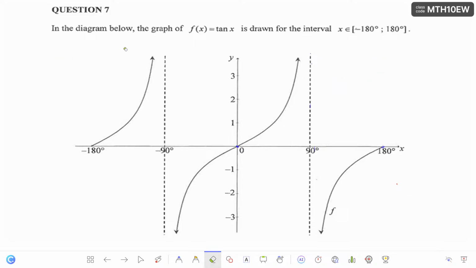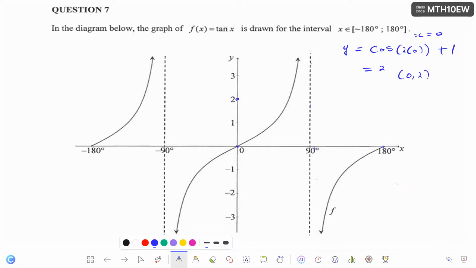Since they said from negative 180 to positive 180, you say y equals cos 2 open brackets, then close brackets, plus 1. You are going to start with 0. Put 0 here, where x equals 0, and check the value of y. If I punch my calculator, cos 2 times 0 plus 1, I found my y to be 2. So our first coordinate is 0 and 2, which is this one here.